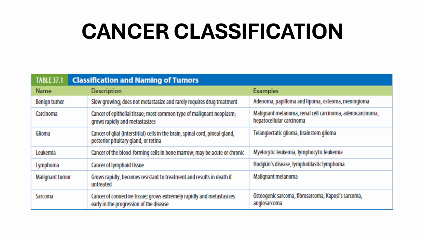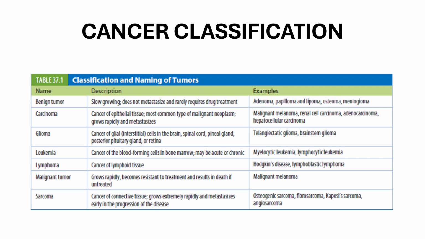Then you have the malignant tumor. They grow rapidly, and they are resistant to different treatments and cause death once untreated. For example, malignant melanoma.